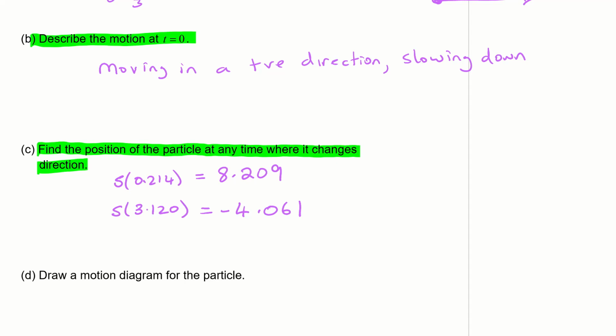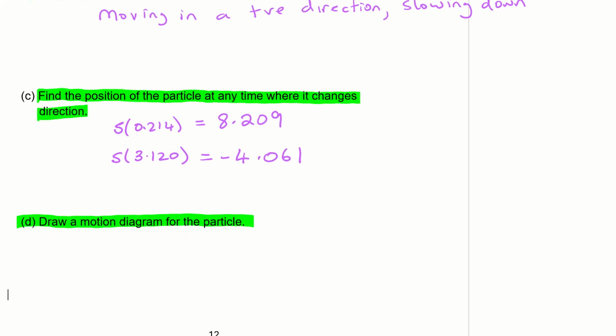We now want to draw a motion diagram for the particle. So we're going to need a number line for that. And I'll start at negative 5. And we need to go as far as 8.